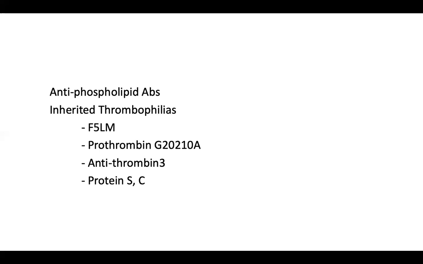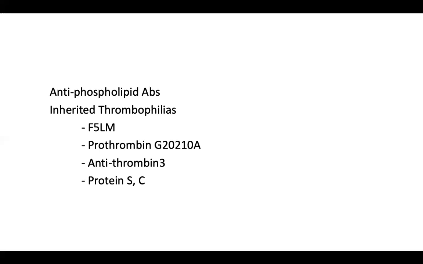But the other thing that I really want to emphasize is that for recurrent miscarriages, the appropriate test is your antiphospholipid antibodies, lupus anticoagulant, beta-2 glycoprotein, and anticardiolipin, IgG and IgM, okay?